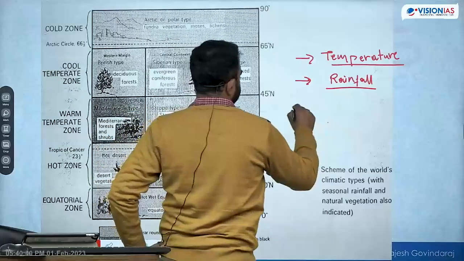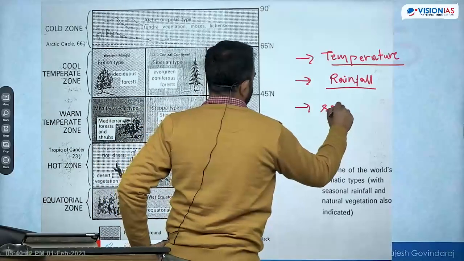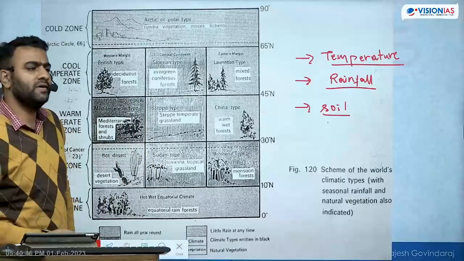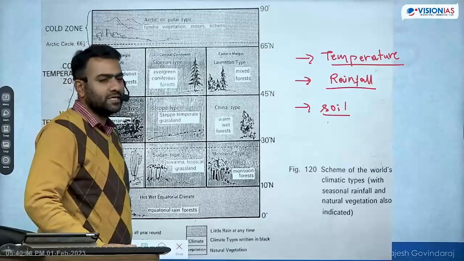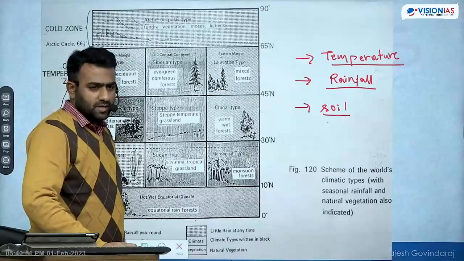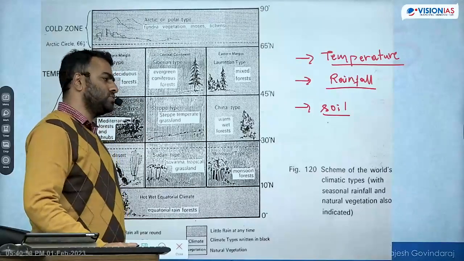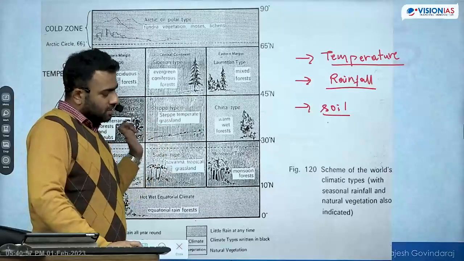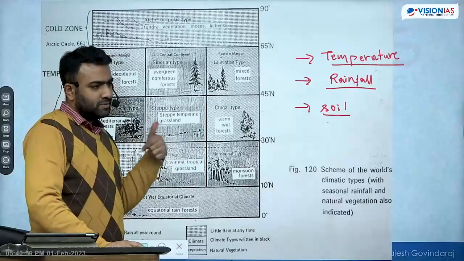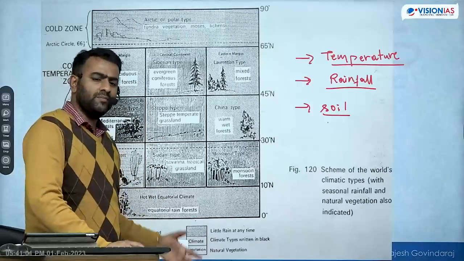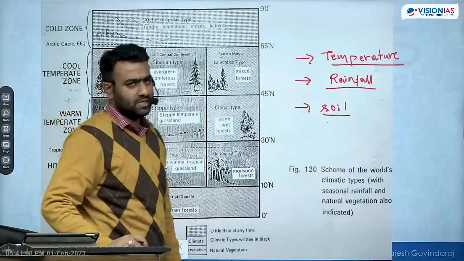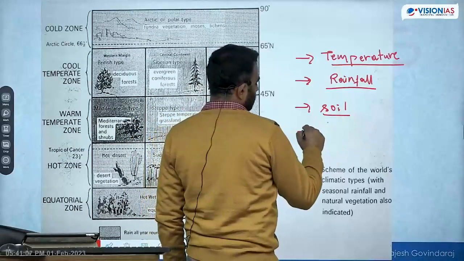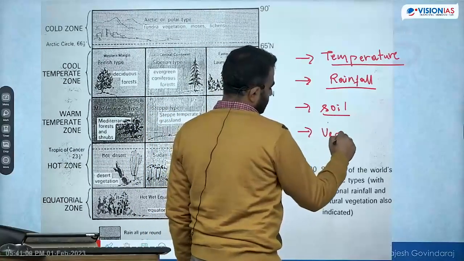These two will decide the soil type of that particular region. The soil is always influenced by the temperature and precipitation. ठीक है? In most of the regions, the soil is decided by these two factors. Each of the climatic regions has its own type of soil. There would be some similarity, but you can clearly identify, okay, इसका ऐसे होना चाहिए. And these three together will decide the type of vegetation present over there.